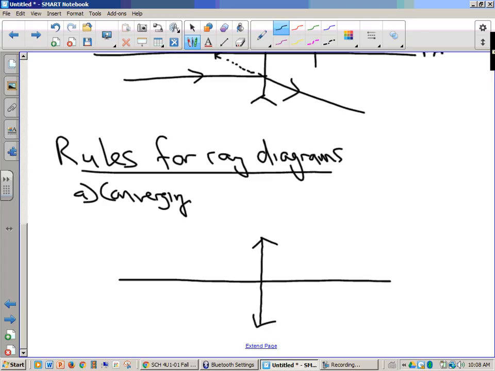And the smartboard doesn't like it if I put a ruler on it. But with your ruler, you're going to maybe want to put your SF and PF at like 2 centimeters and 2 centimeters from your mirror, or from your lens. So I'm going to use like 10 and 10. So holding it in front, I'll go like there, and then I'll go there to that side on the 20. You guys might want to use 2 and 2.